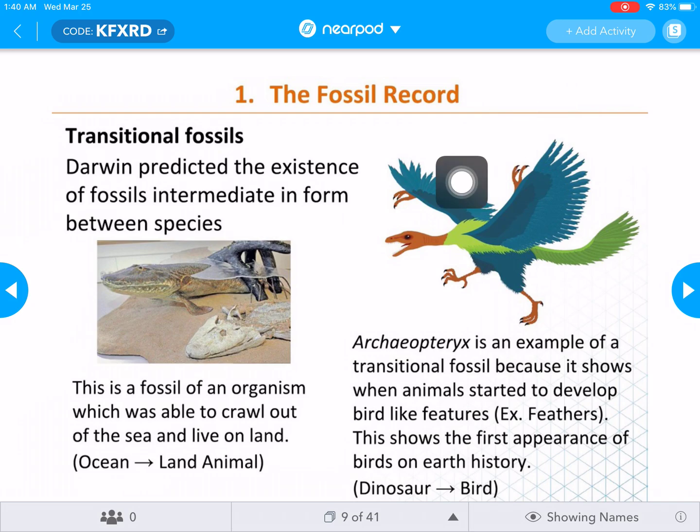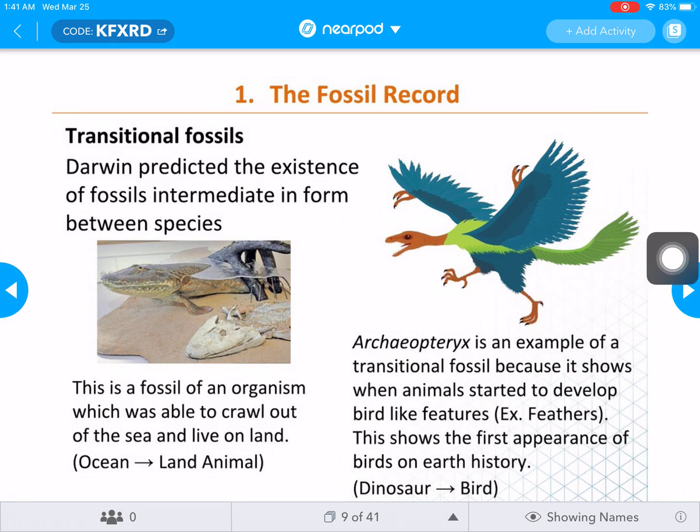And over the years, more and more organisms started to develop feathers as long as they were related to an organism that resembled this. This is called a transitional fossil because it shows a transition between dinosaurs towards birds, right? So, the new trait in this organism was feathers.